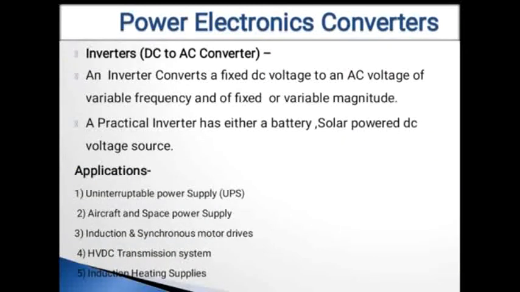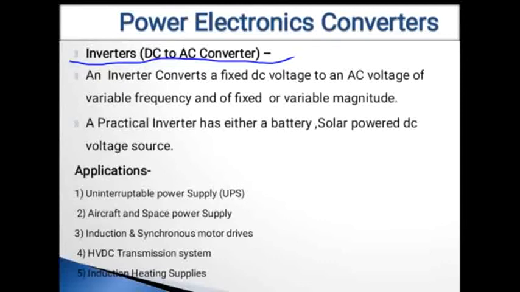Now the next power electronics converter is known as the inverter, and it is also called a DC to AC converter. An inverter converts a fixed DC voltage to an AC voltage of variable frequency and of fixed or variable magnitude.